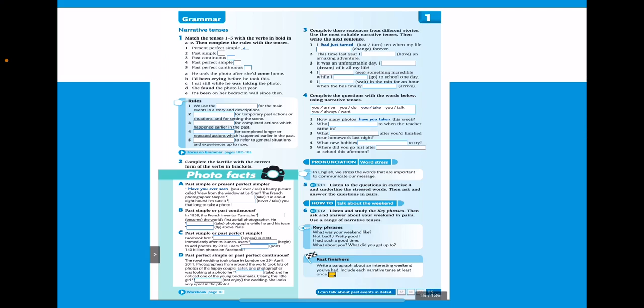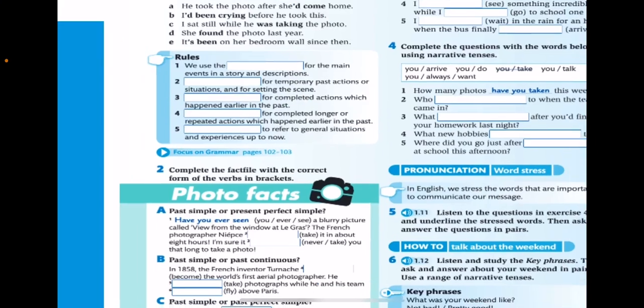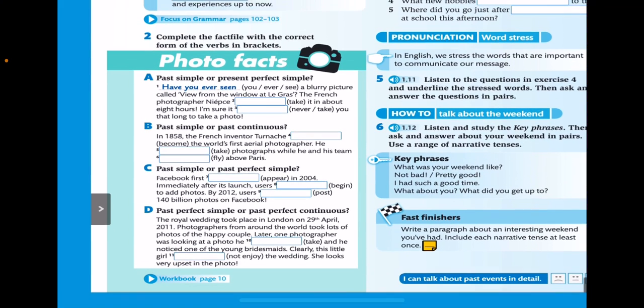For exercise number 2, girls, we have A, B, C, and D. You see that? Okay, now it's comparing each of the tenses, 2 tenses with each other. So for A, we have past simple and present perfect. Okay, so we know that there are keywords for the past simple and there are keywords for the present perfect.